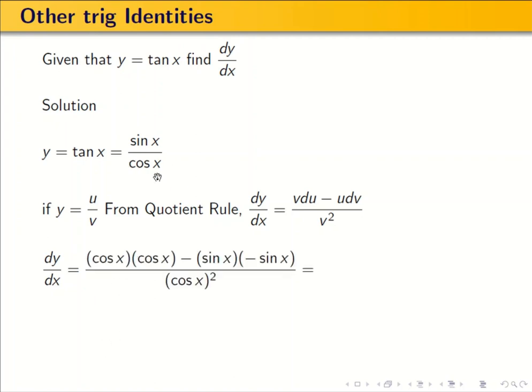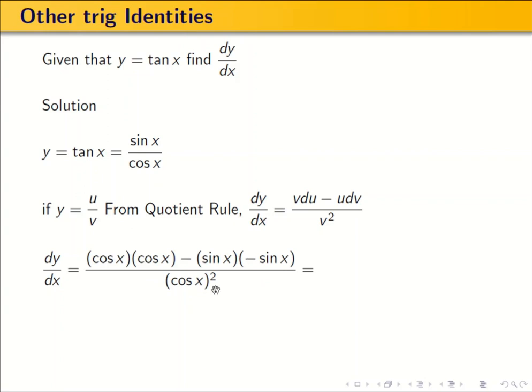It becomes v, which is cos x, times the differential of u, which is cos x again, minus this sine x, that is the u, times the differential of v, which is minus sine x.